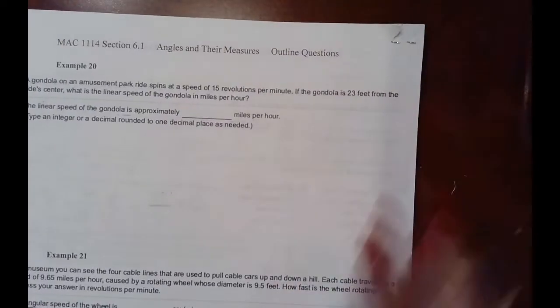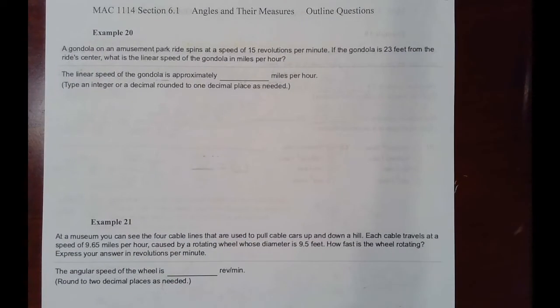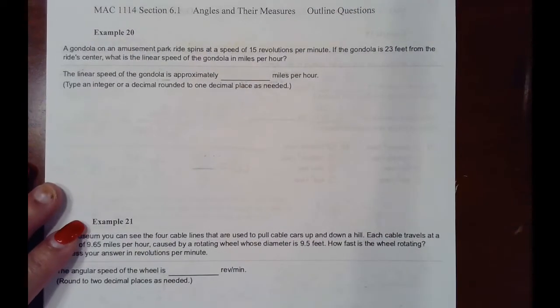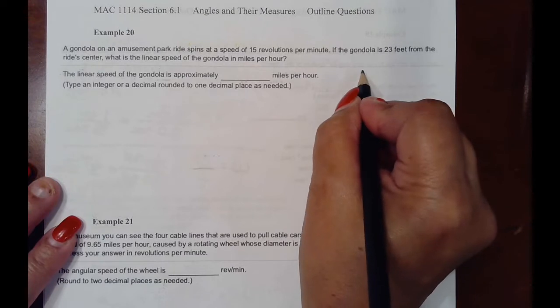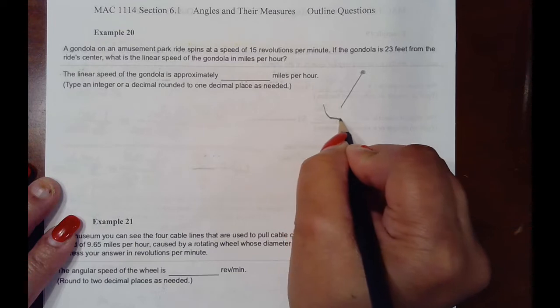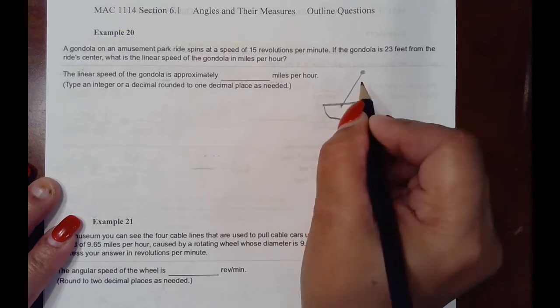Moving to number 20. In problem number 20, it says a gondola on an amusement park ride spins at a speed of 15 revolutions per minute if the gondola is 23 feet from the ride's center. So with that information, they're describing a radius. If I try to draw this, I don't know how good this is going to be, but this is the arm of the gondola, and then the gondola where people sit.